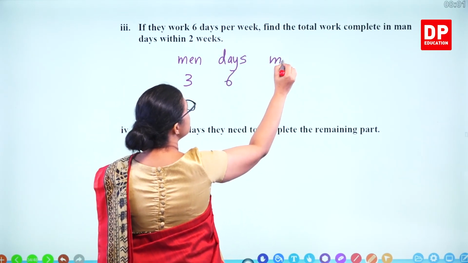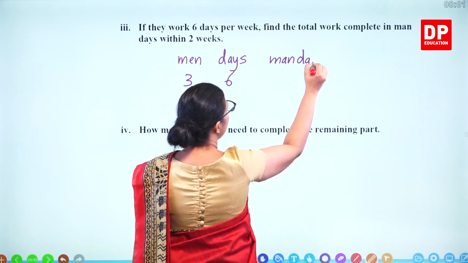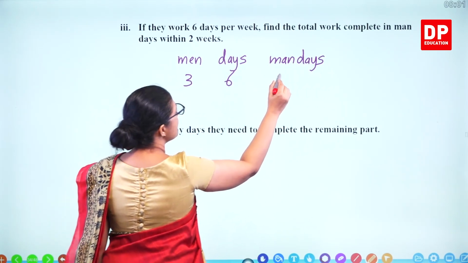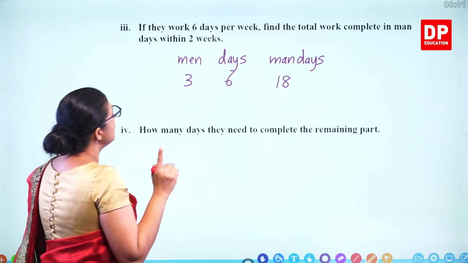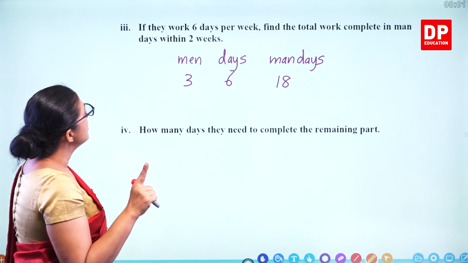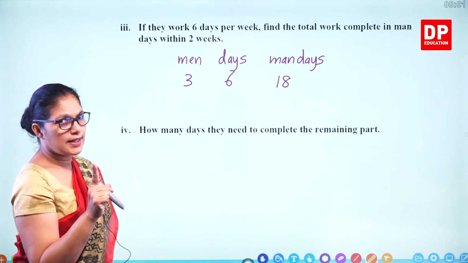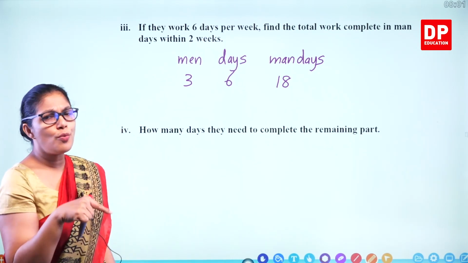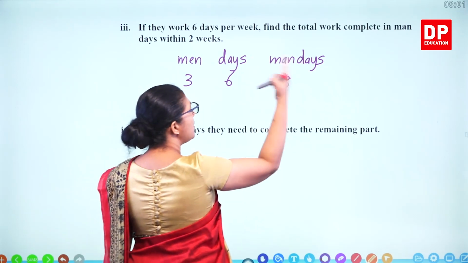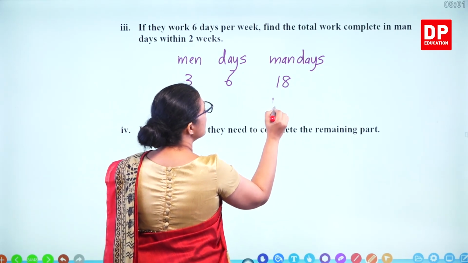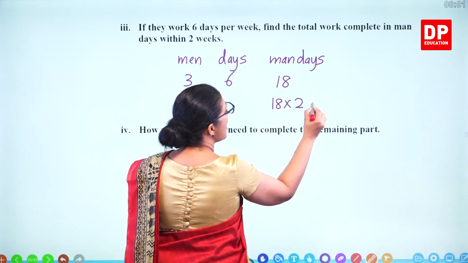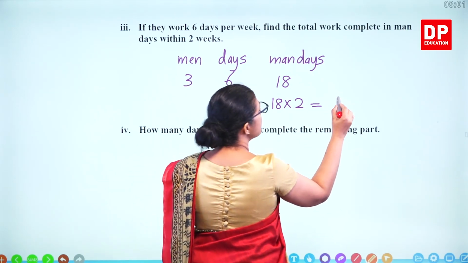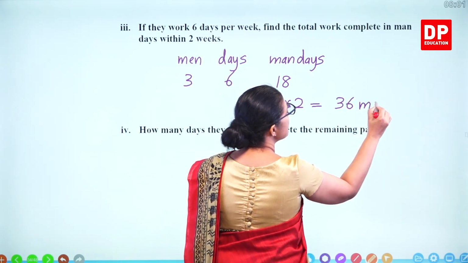So how many man days? 6 times 3, 18. That's for the first week. So the total work completed in man days within 2 weeks, you have to double it. This is 1 week. So for 2 weeks, 18 times 2, that's 36 man days.